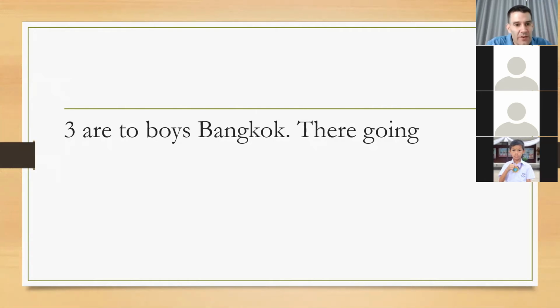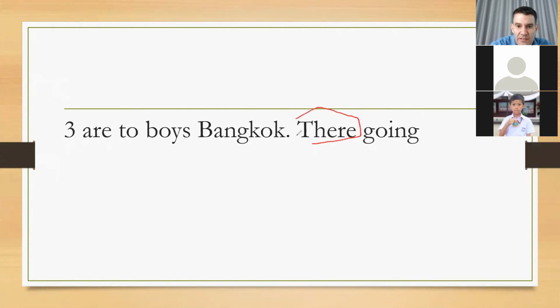This is a little bit more difficult, but first you can think of the first words. First words, there and are. The next word would be an adjective. The amount of something can be an adjective.